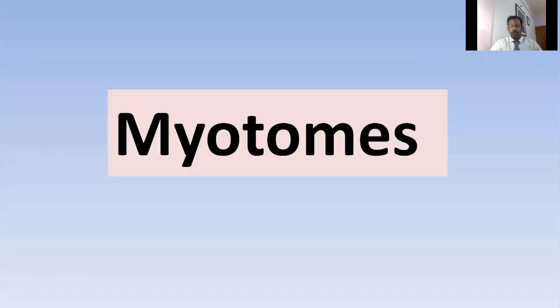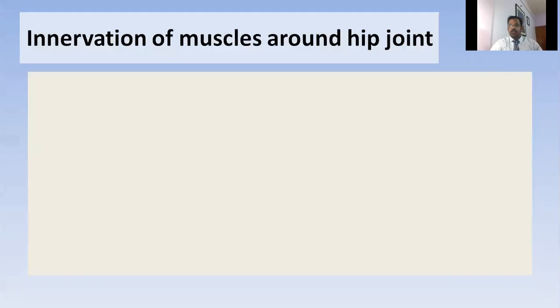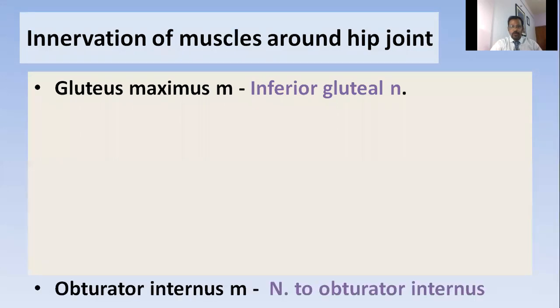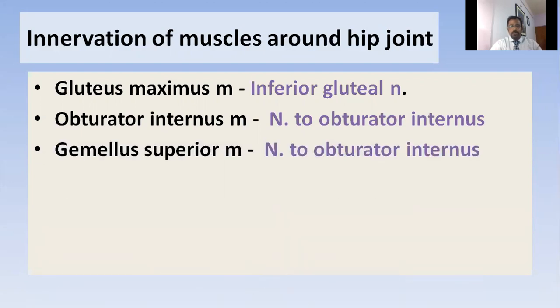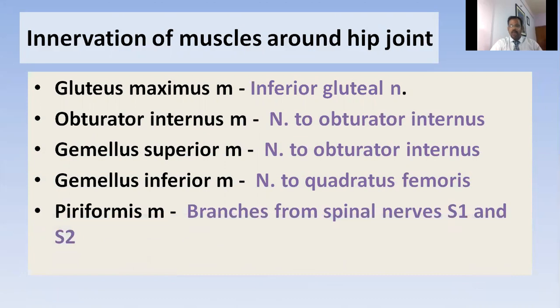Now, coming to the myotomes which are relevant, I am mainly talking about the myotomes relevant in the context of a posterolateral incision. That is, the innervation of muscles around the hip joint if your surgeon is doing a posterolateral approach for a hip surgery: the gluteus maximus muscle, which is supplied by the inferior gluteal nerve; the obturator internus muscle, which is by the nerve to obturator internus; the gemellus superior muscle, which is by the nerve to obturator internus; the gemellus inferior muscle by the nerve to quadratus femoris; and the piriformis muscle from a branch from the spinal nerves S1 and S2.